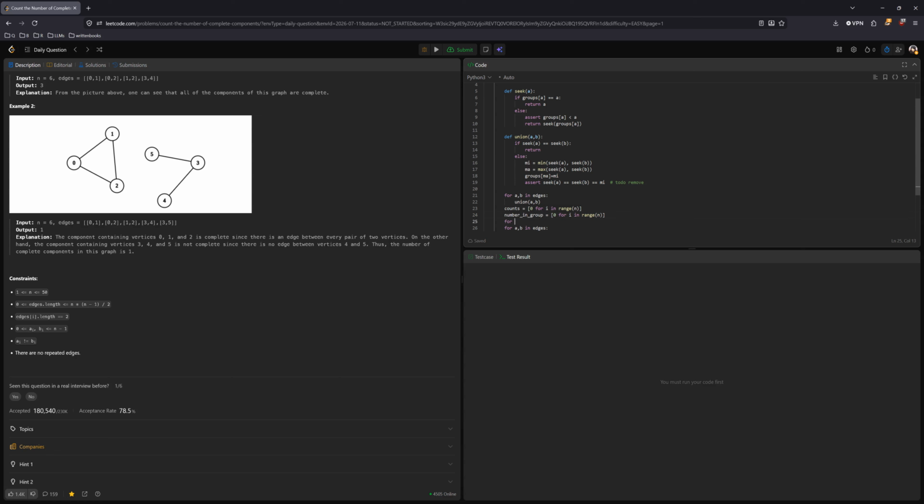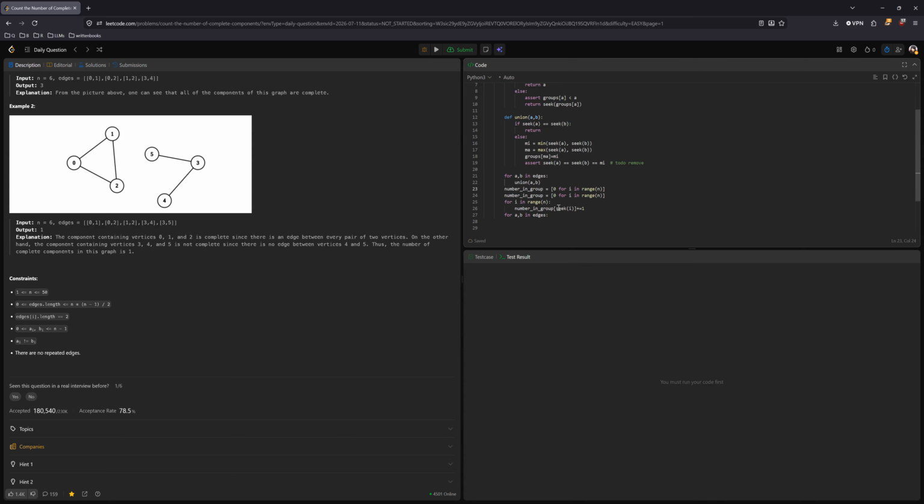We'll go like this, for i in range n, number in group of seek of i plus equals 1, and then number of connections.